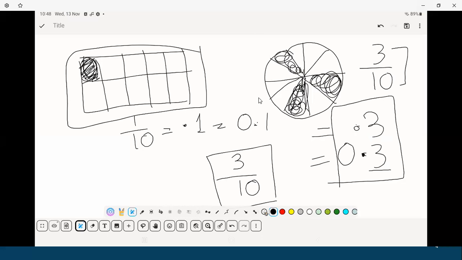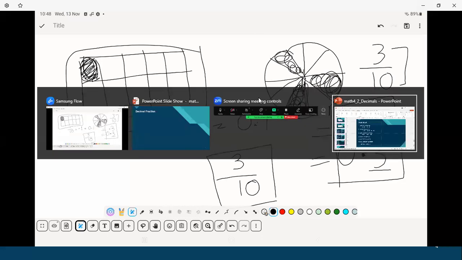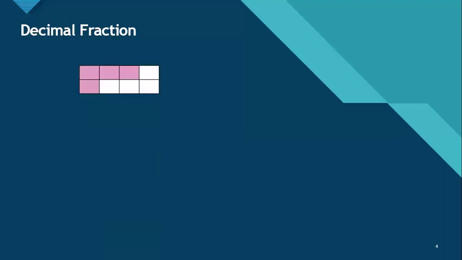Now move to the slide. How are we representing it? Suppose I have a box in which there are 10 parts, and the purple color is covering 4 parts. How will we define it? There is one more example, the same one we saw on the writing board, where we cover 1 of 10 parts.